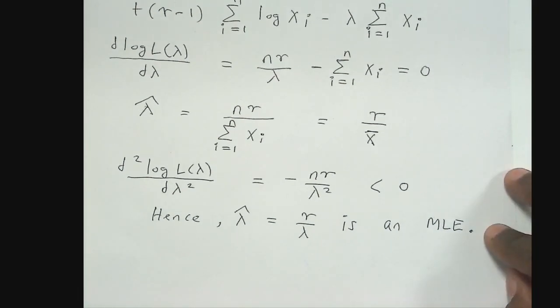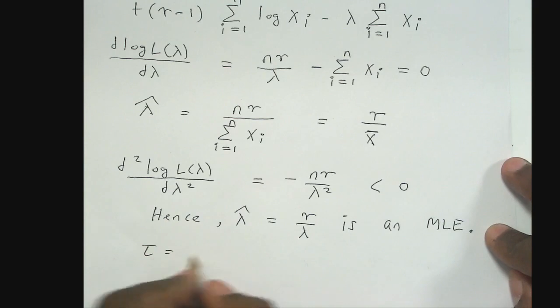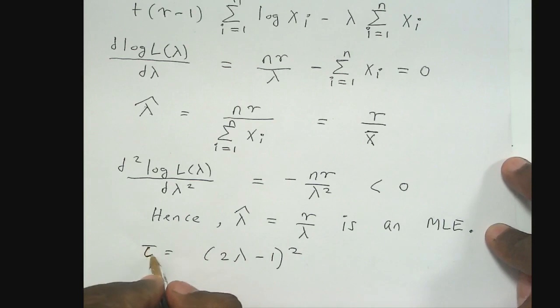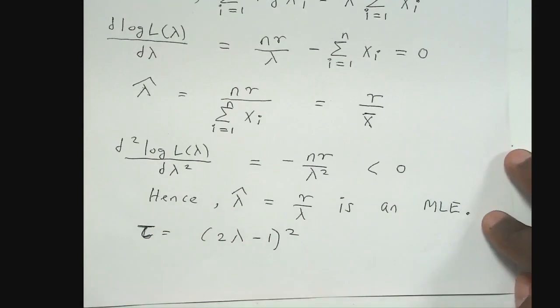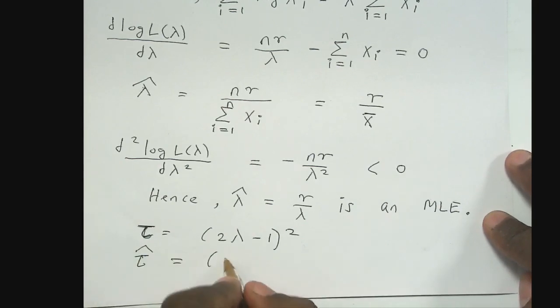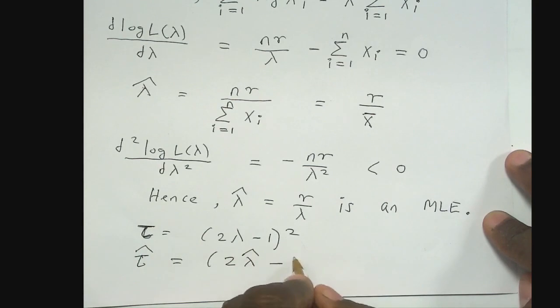Now, to prove the second part is just trivial, because what you have here is a function. This is tau, guys, not to be confused with r. It's a Greek symbol tau. What you have here is a function of lambda. So the MLE for the function is simply what you get by replacing lambda by lambda hat.